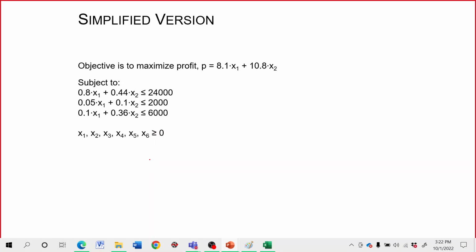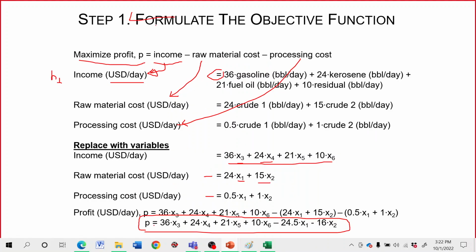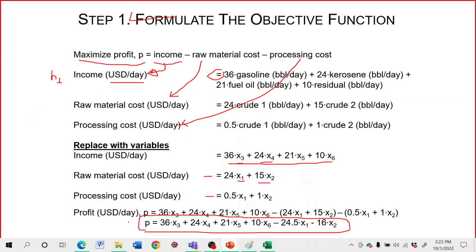And then we can also have the simplified version. You put everything into x1 and x2 as the constraints, and from the objective function you have x3, x4, x5, and so on. We know the correlation between x3, x4, x5, and x6 against x1 and x2 using this. So x3 is this, and you put this back into the objective function.